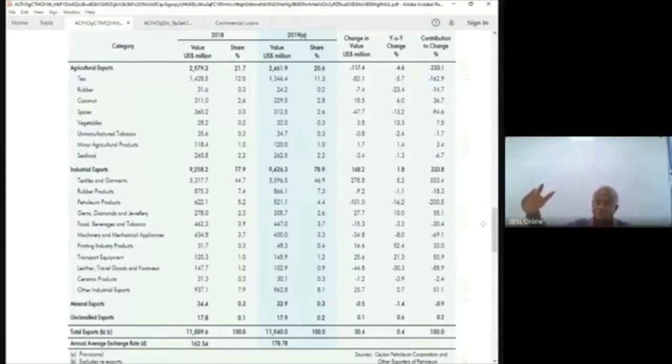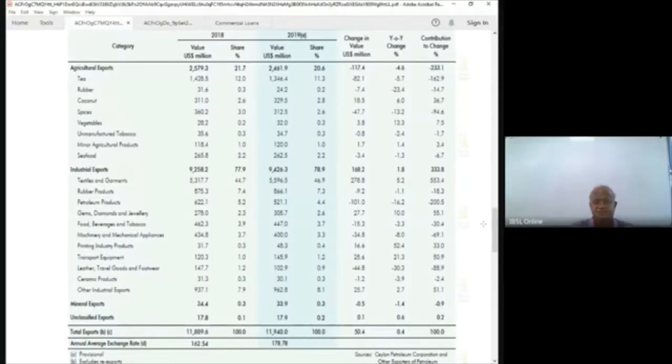Exporters represent the supply side of the foreign exchange market. Exports represent the supply of dollars. When more and more exports come, supply increases. That has an impact on the exchange rate also.